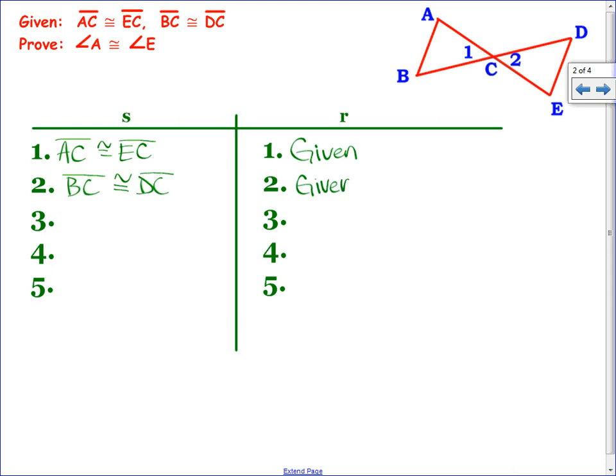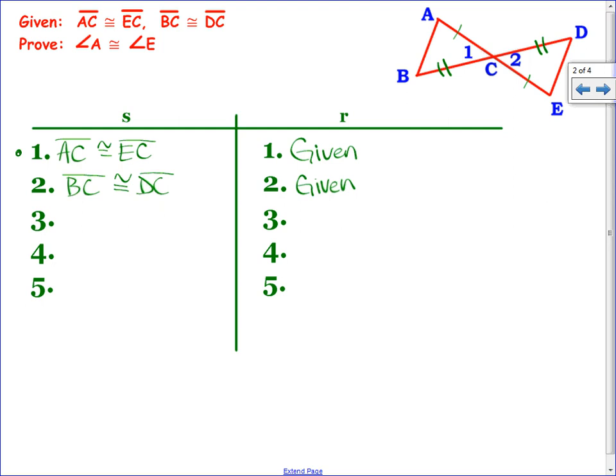I'm also going to mark the picture. So the direction we go with things is still the same.